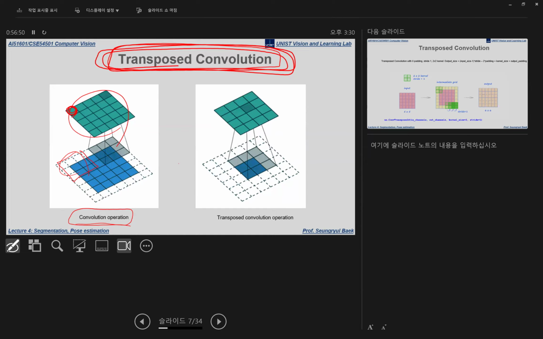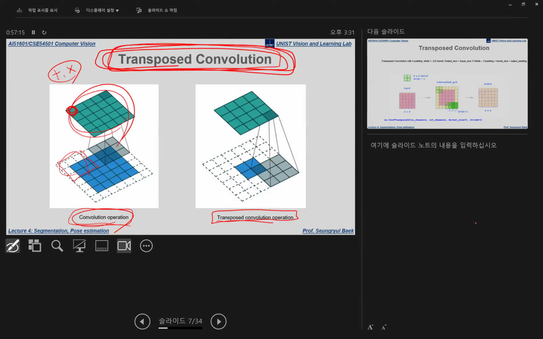Then the window is shifted, and we do the same to get all the pixels in the output image. That's how the convolution works. It is composed mostly of additions and multiplications, so its output is differentiable with respect to the input, and it can be used in deep architectures.